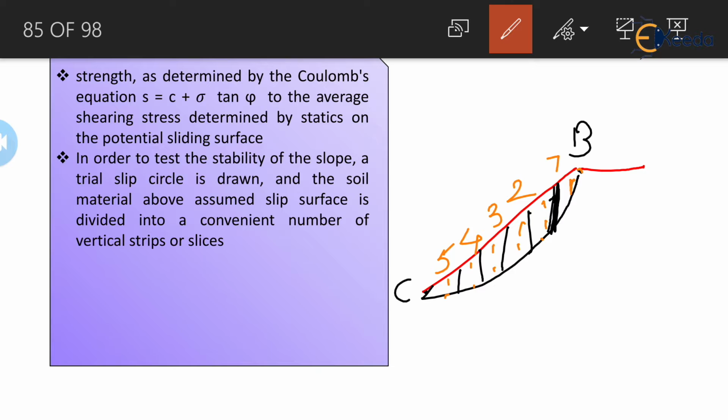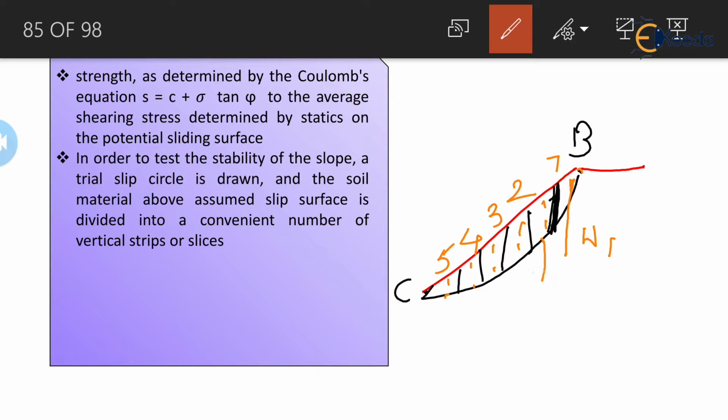Fine. Here we are assuming that the weight of each slice will act at its center. So this is nothing but the weight W1 for slice 1.